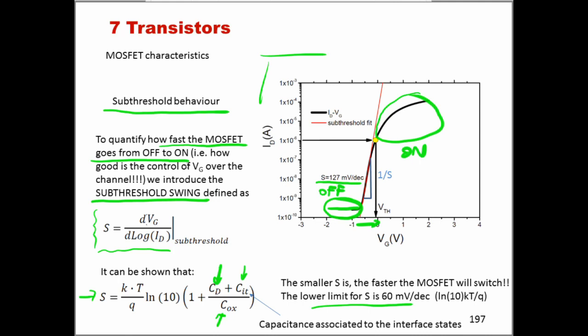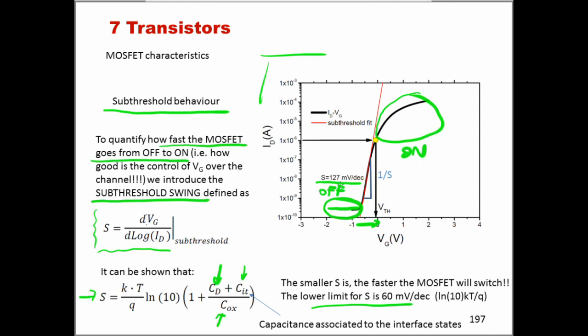So, for example, as shown in this plot, the swing is 127 millivolts per decade. This means that if I am in the off condition, every time I change Vg by 127 millivolt, the drain current should increase by 1 decade. That's what this means.